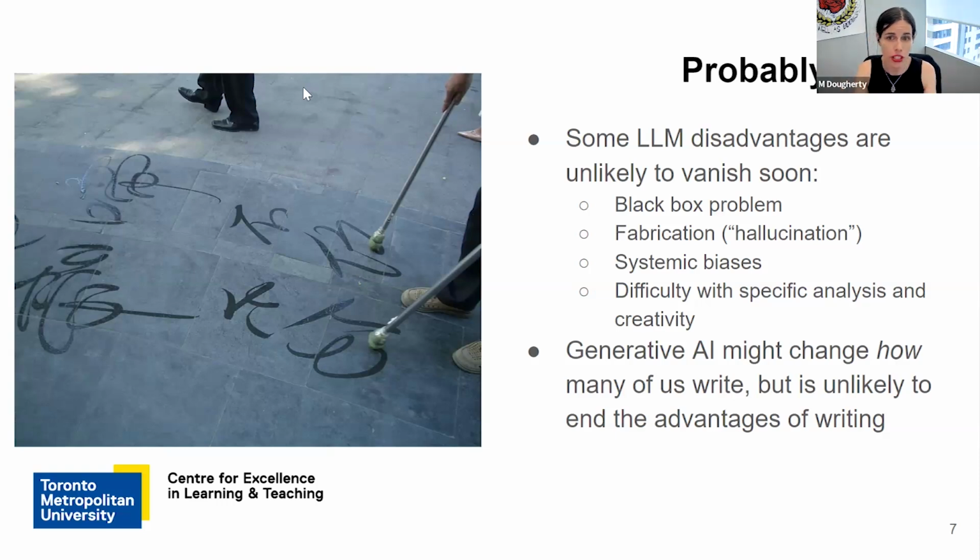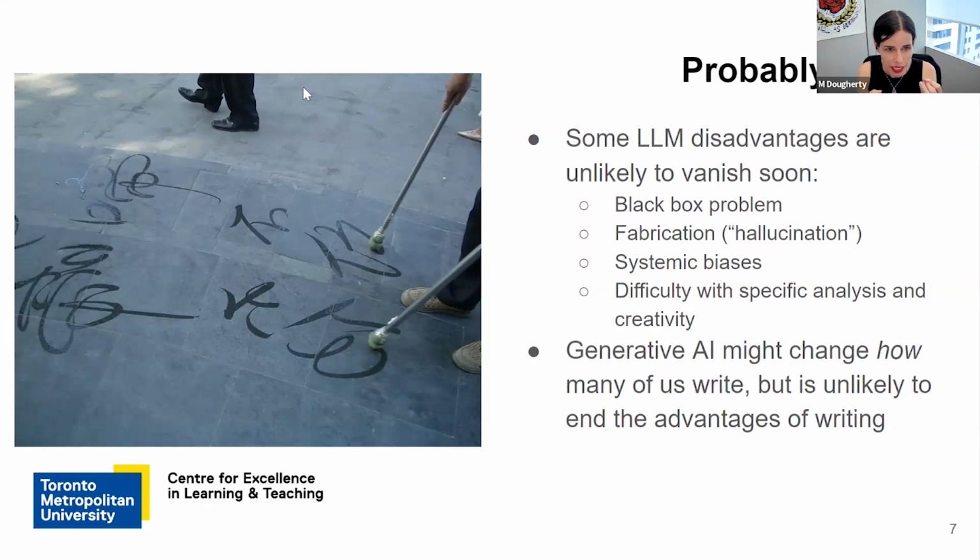So a particularly pernicious kind of falsehood, which tends to reinforce broad stereotypes about people that are built into its training data. Finally, they have difficulty with the very specific kind of analysis and creativity that we most want students to practice. They are highly unlikely to get over any of these disadvantages anytime soon.